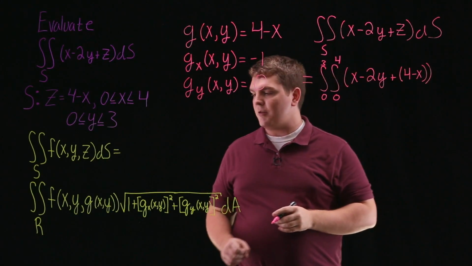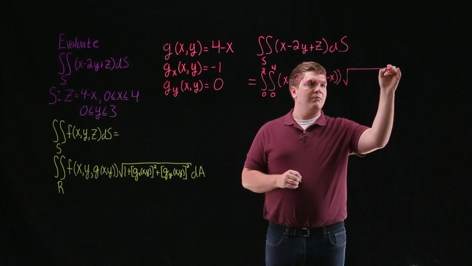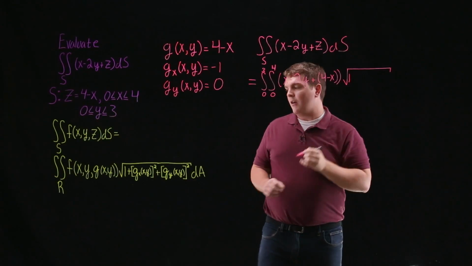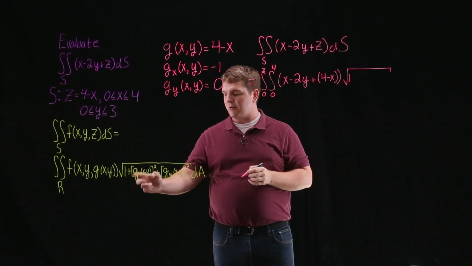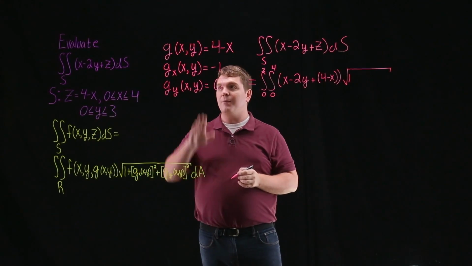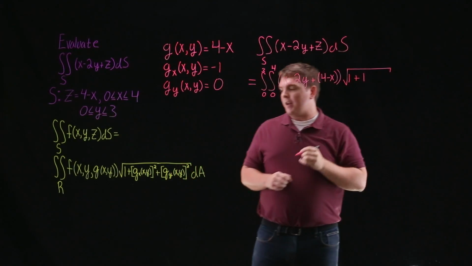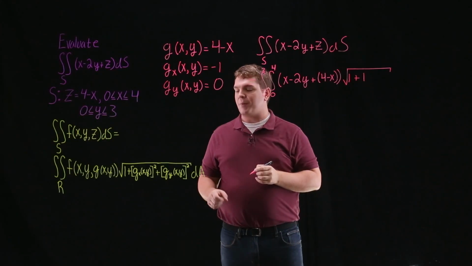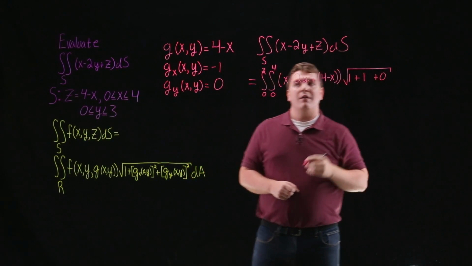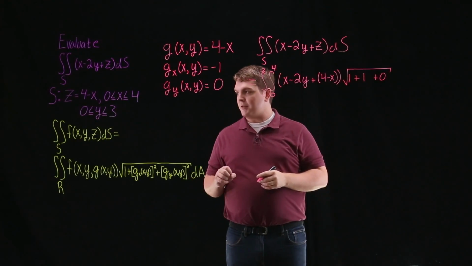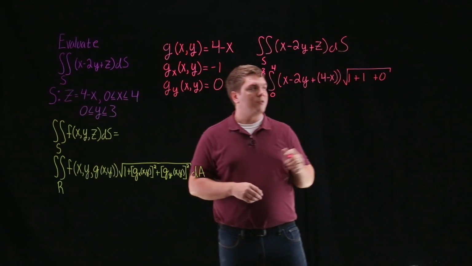And here, we're going to multiply this by the square root of 1 plus the partial derivative of g with respect to x squared. So that's going to be a -1 squared, which is 1. And then plus the partial derivative of g with respect to y squared, which is 0 squared, which is 0. And then we have our dA, which in this case, I said we're integrating with respect to x first, and then with respect to y.